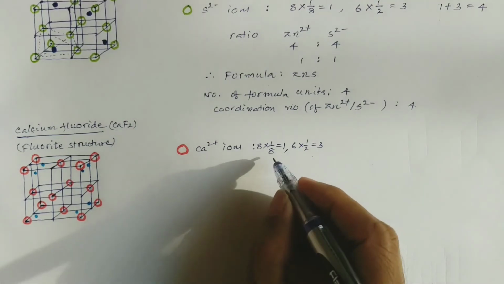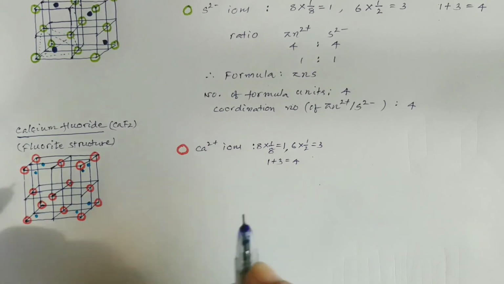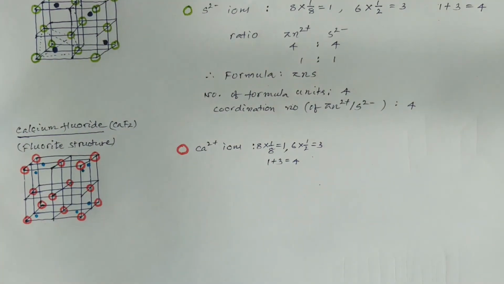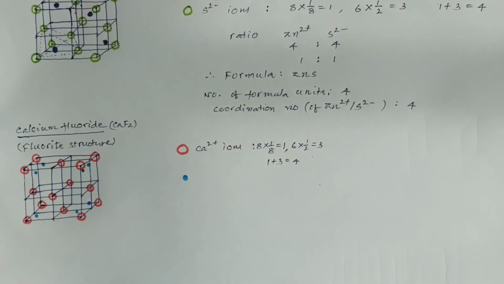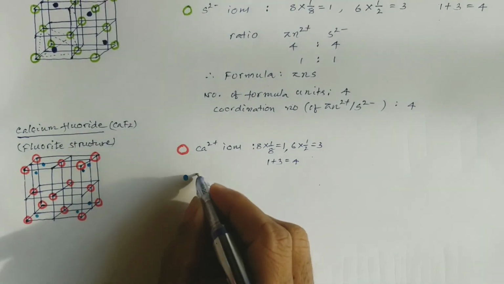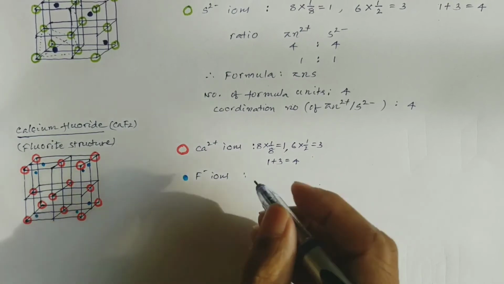So total number of calcium ions will be 1 plus 3 is equal to 4, right? Whereas the fluoride ions are present in tetrahedral voids, so how many tetrahedral voids are there? 8. So fluoride ions will be 8 in number, right?